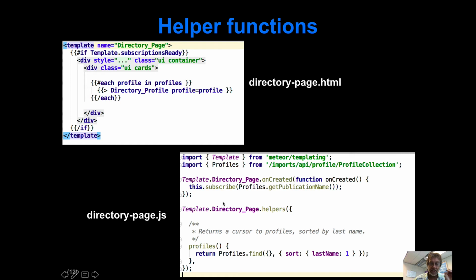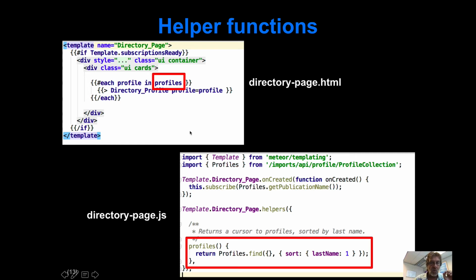We can associate this helper function called profiles, so that when we encounter this piece of Handlebars or Spacebars syntax inside this template, we see that it wants to find the value of profiles in order to assign each element of it to this variable called profile.